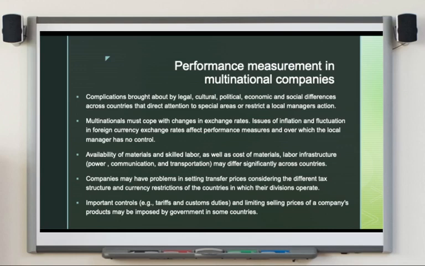That's another reason for making it more complicated to measure multinational divisions' operations. Some divisions are restricted from selling their products at what they computed by adding a markup on their cost, because of restrictions in the selling price imposed by the government.